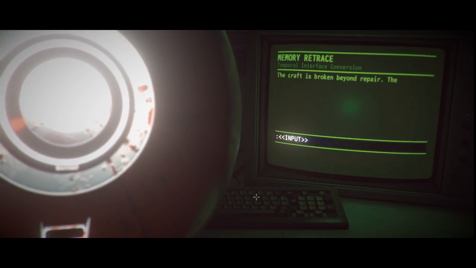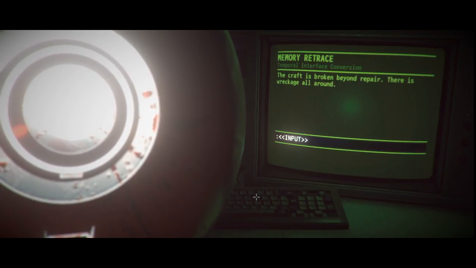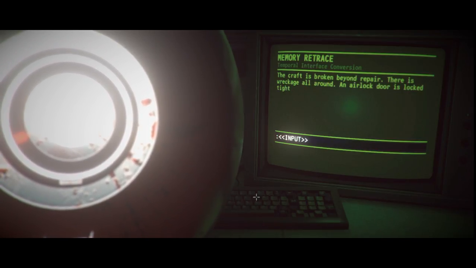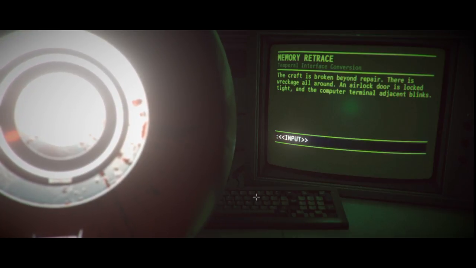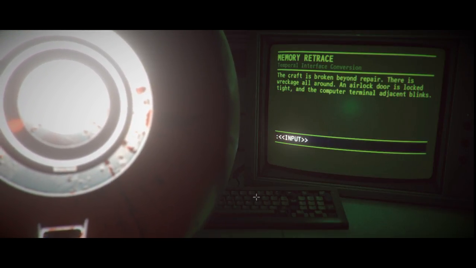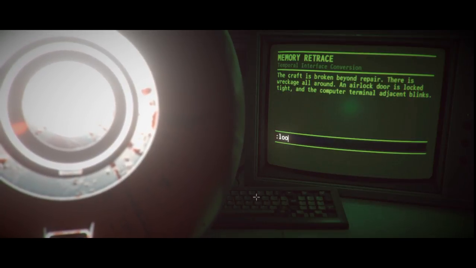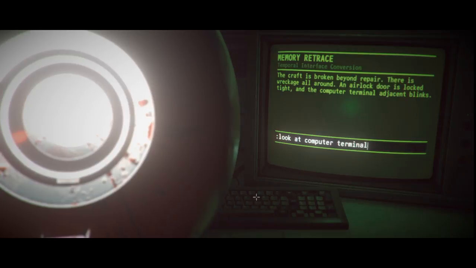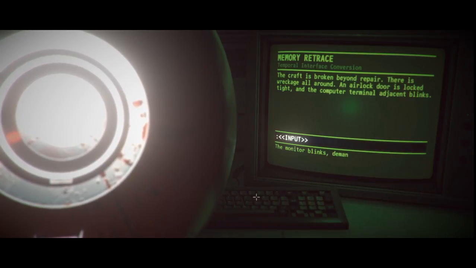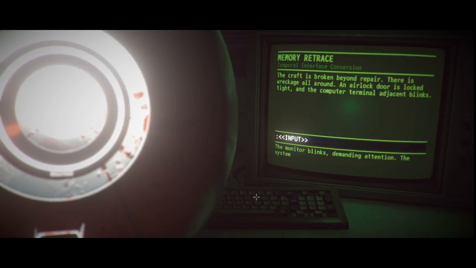The craft is broken beyond repair. There's wreckage all around. An airlock door is locked tight, and the computer terminal adjacent blinks. The monitor blinks, demanding attention.